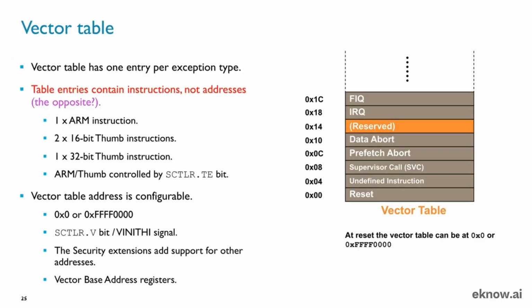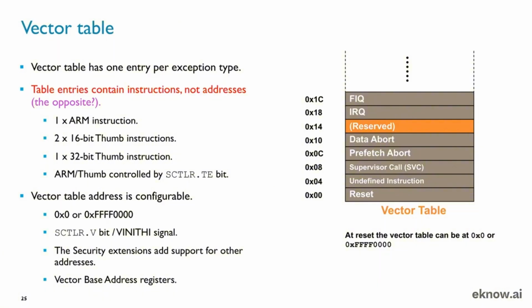When an exception happens, like the ones we saw on the previous page, the processor needs a way to stop what it's doing and jump to the correct software handler. How does it know where to go? It uses something called a vector table, which is essentially a map or a directory for exceptions. As you can see on the slide, the vector table has one specific entry for each type of exception.